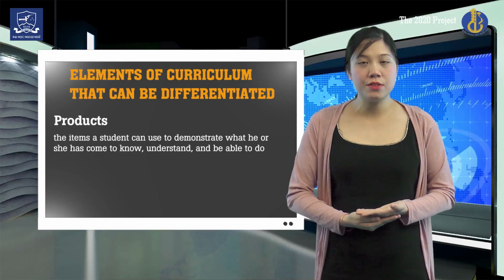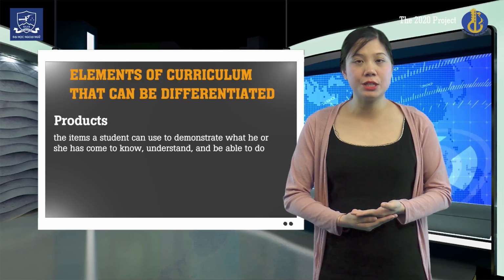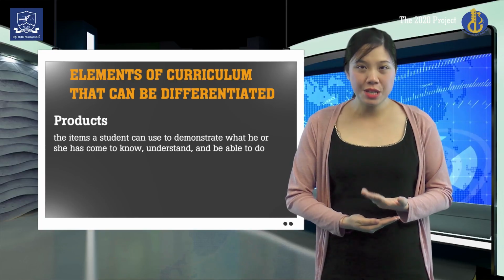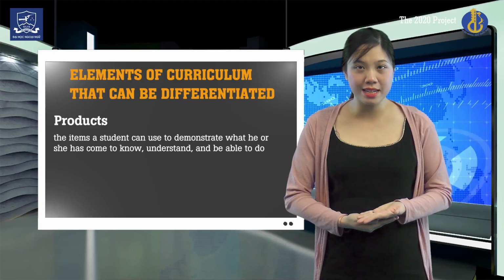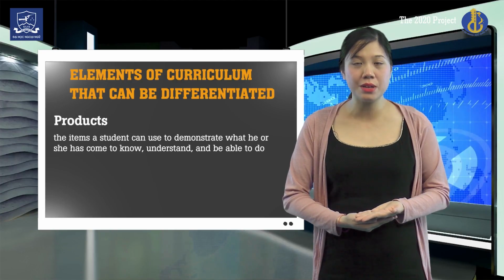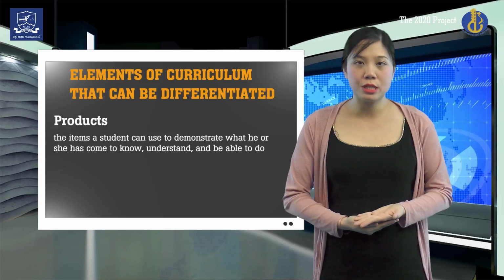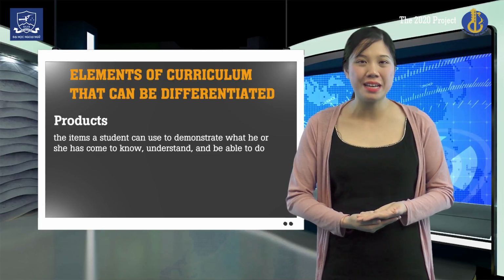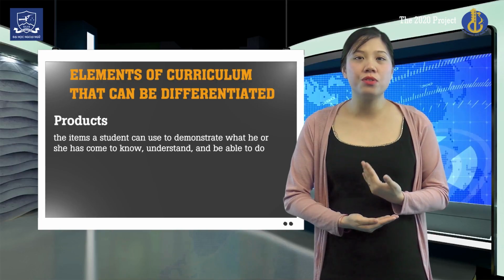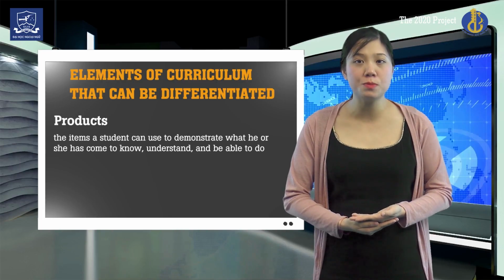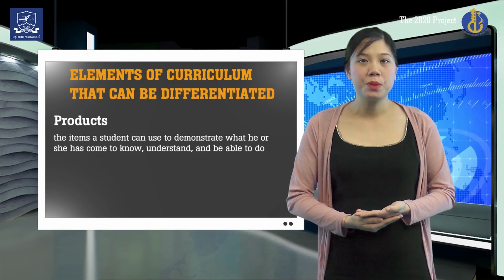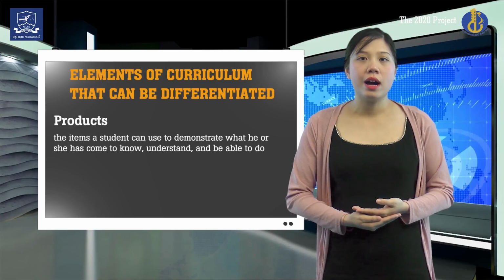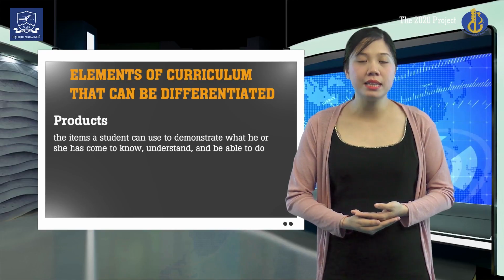Among the ways to differentiate products are to allow students to have designed products around essential learning goals, encourage students to express what they have learned in varied ways, and allow for varied working arrangements, for example, working alone or as part of a team to complete the products.